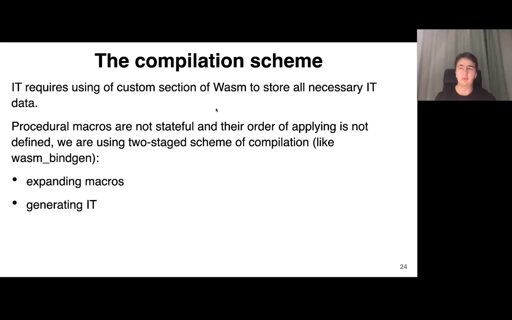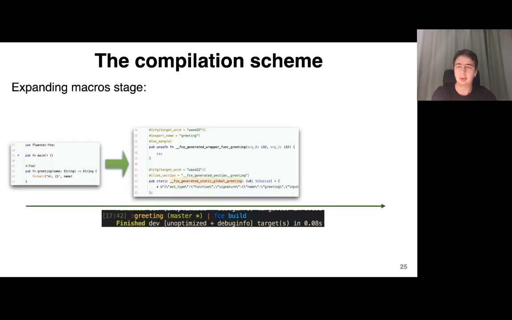On the first stage, we expand the macro, and in expanding the macro, we generate several custom sections that have all the necessary information for the second stage. On the second stage, we generate interface types. Let's consider this example with the greeting function.